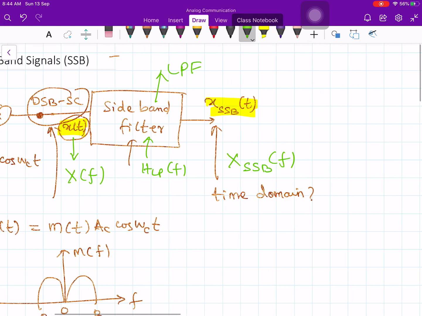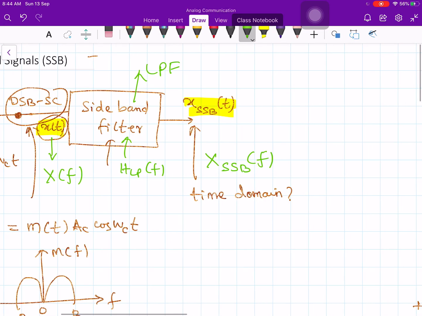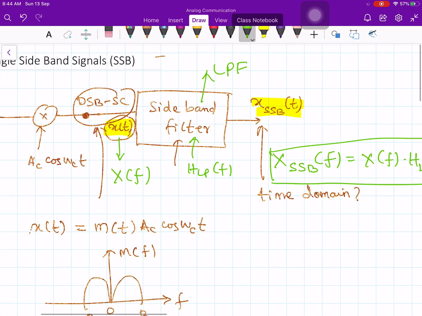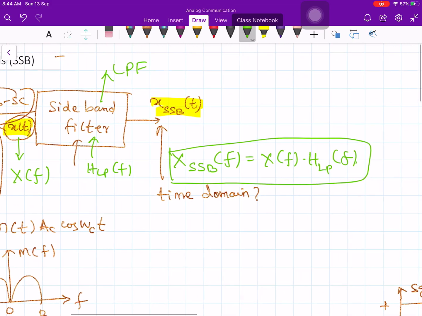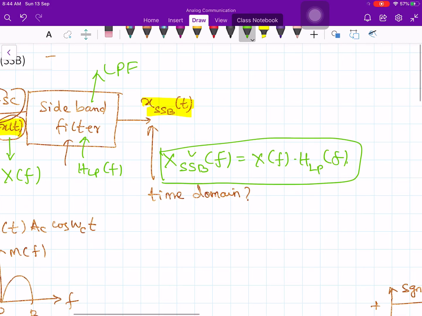So, x SSB of f is equal to x of f times h LP of f. That is all. You multiply the Fourier transform of x of t and the filter transfer function h low pass filter of f. That is it. Once you get this x SSB of f, then you take inverse Fourier transform, you will get the time domain expression for single sideband modulated signal. That is the overall theme of this lecture.